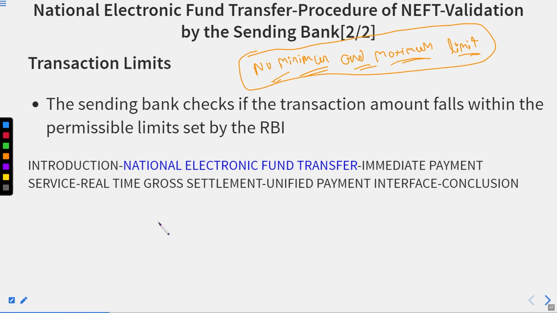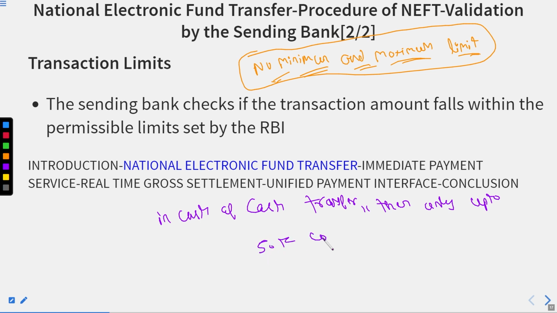But in case of cash transfer, only up to 50K could we proceed in a single time.